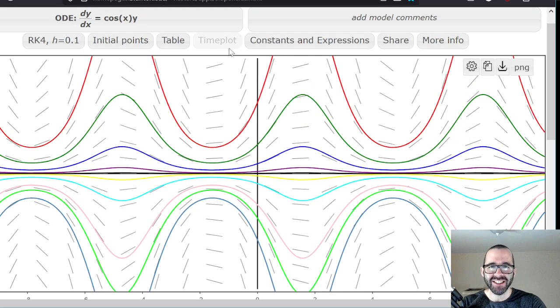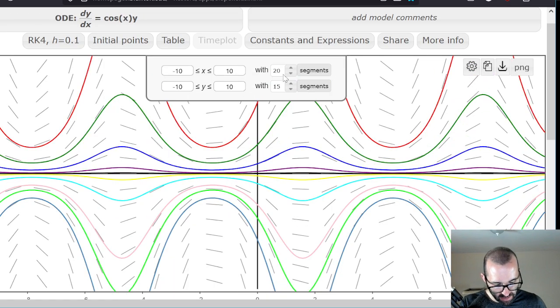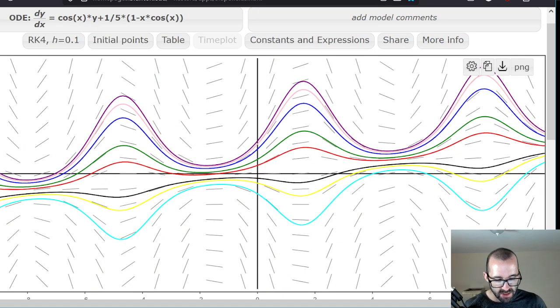Now we compare these two solutions. Notice what's happening is that it's basically the same solution, but it's kind of tilted a little bit, right?